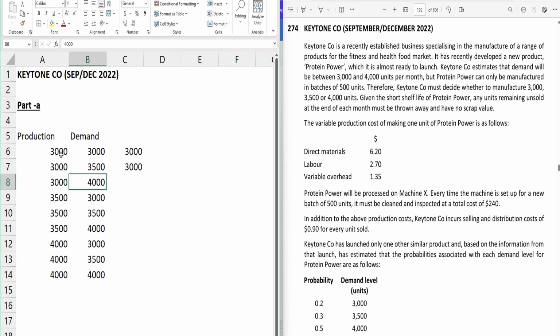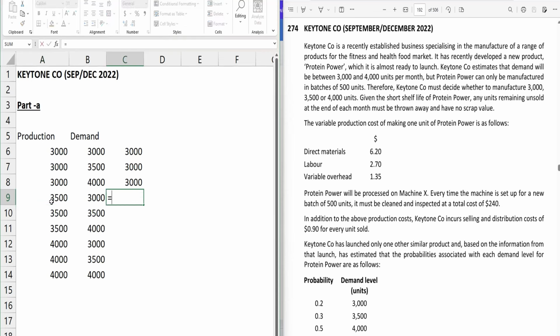Again we are producing 3000 but demand is 4000, so that means we will only be able to sell 3000, not 4000, because we are producing only 3000 units of protein powder. So 1000 units of demand will remain unfulfilled. Now our production is 3500 but this time demand is 3000, that means 500 will go to waste, it has no scrap value, right?